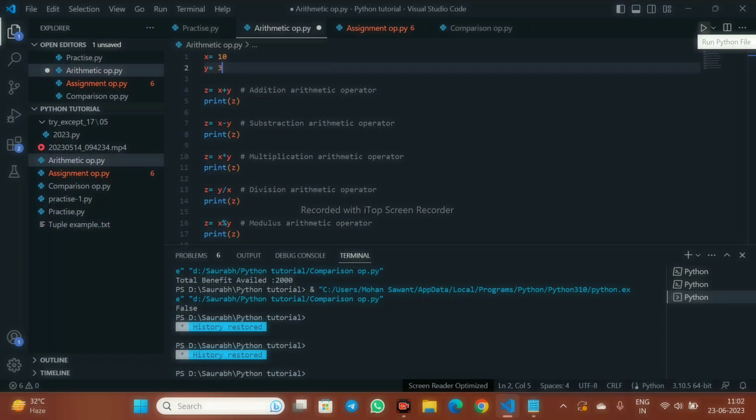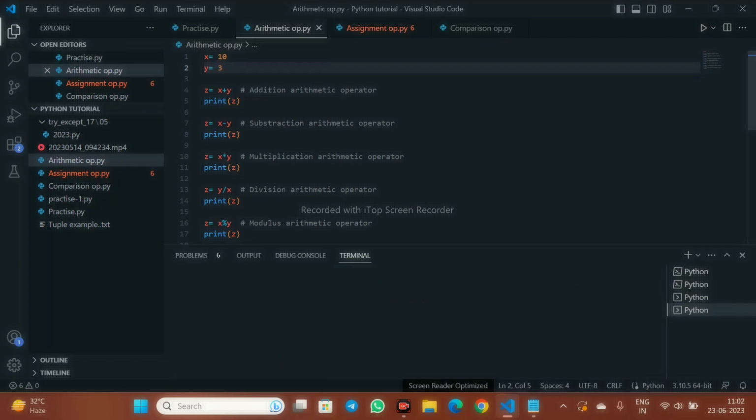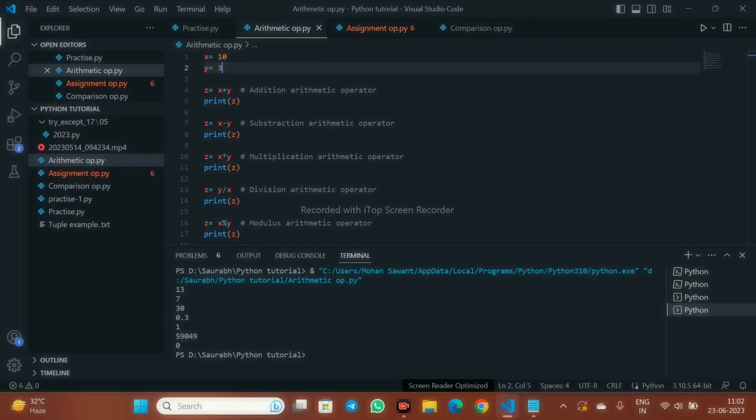So I will start here, run. So here I have got the output of all 7 arithmetic operators. Output has been given here in terminal. So I hope you have seen it.